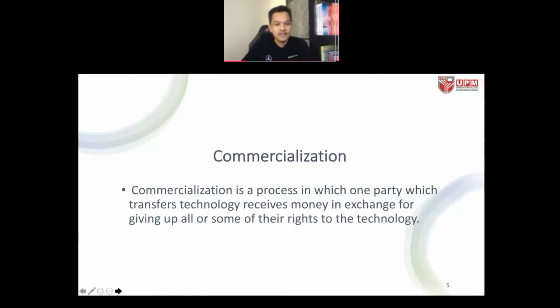Commercialization is also known as a process coming from research, development, and then commercialization, before we move on into business. One party, whether the owner of the IPs or the product, will transfer the technologies and receive money in exchange for giving up all or some of their rights to the technology.